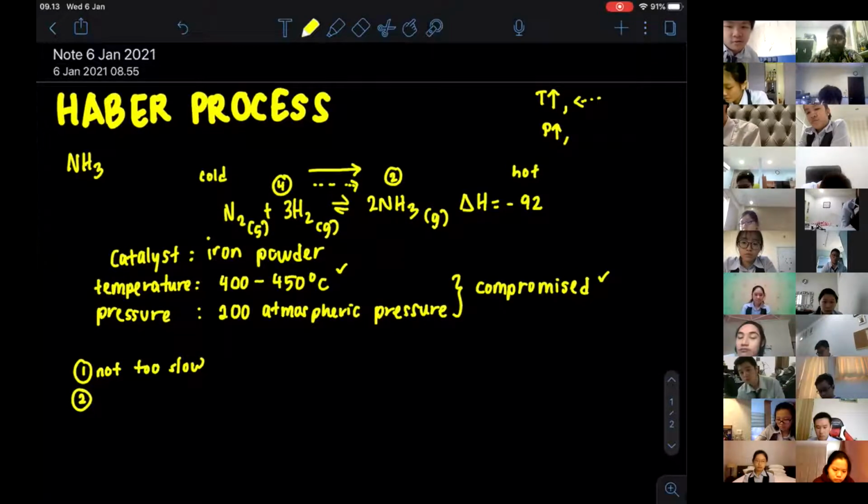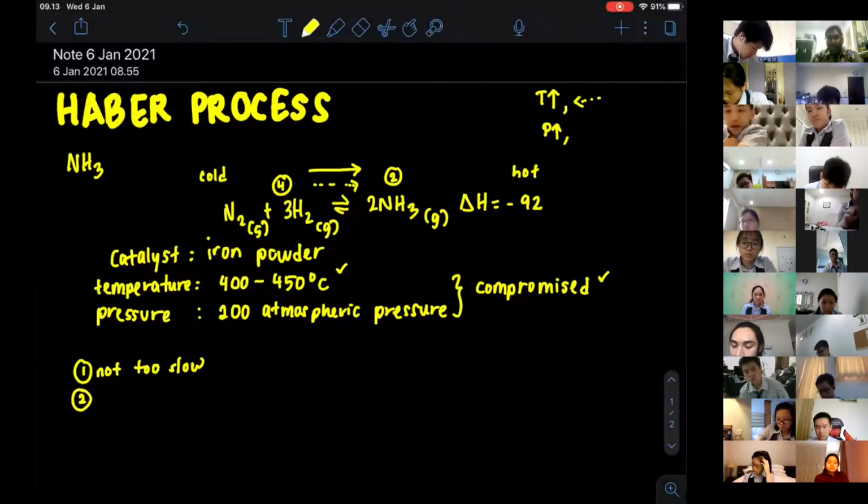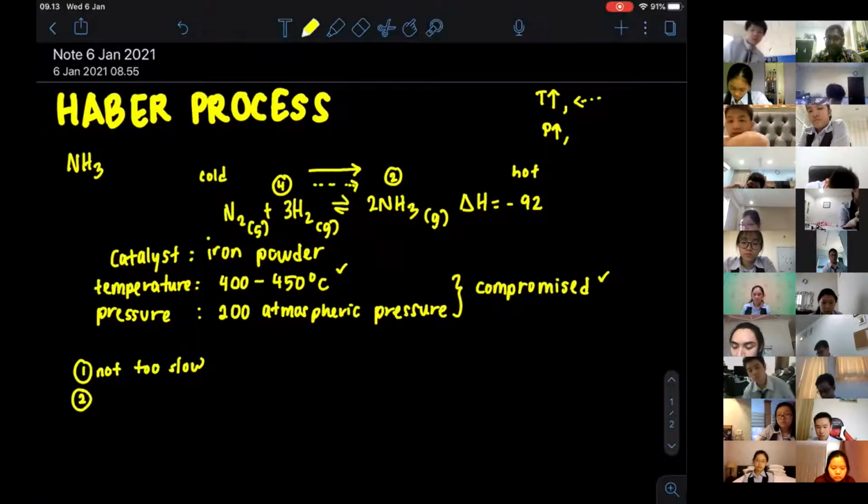Yeah, one is actually too expensive, because in order to withstand that pressure, you need to build the infrastructure holding that container, maybe the thickness of the wall must be very, very thick so that it can withstand that pressure. So it's expensive.